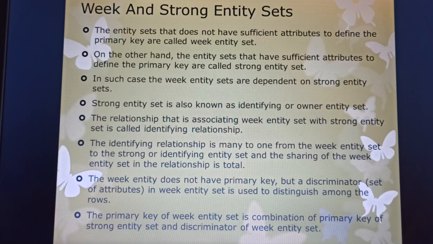The weak entity set does not have any primary key but a discriminator, that is, a set of attributes in the weak entity set used to distinguish among the rows. The primary key of a weak entity set is the combination of the primary key of the strong entity set and the discriminator of the weak entity set.